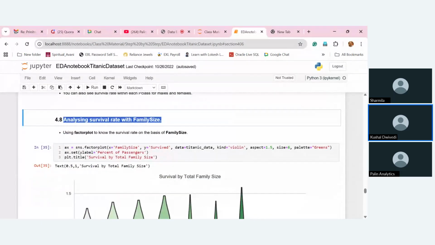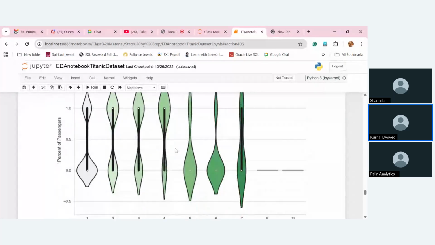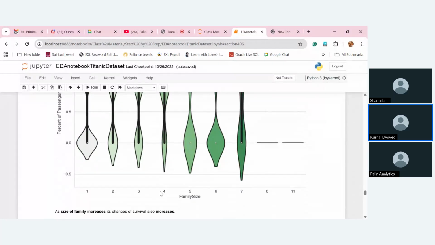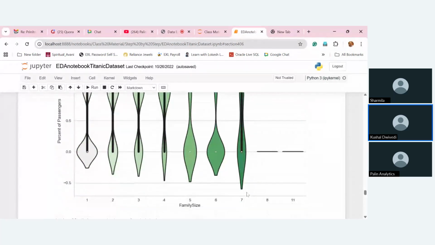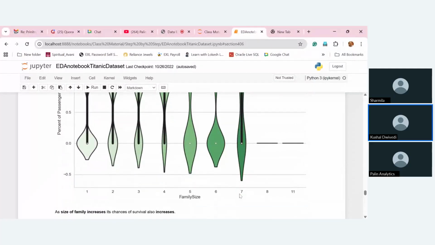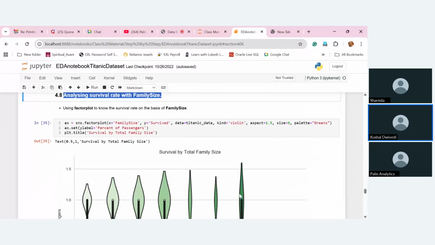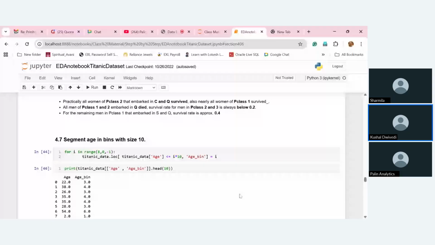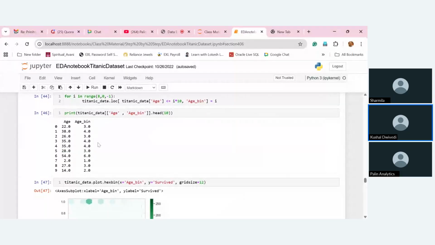Family size is basically, you can see here, based on the family size how many people were there. So these are the things made for the family size, and based on that how many people survived. Based on the age, this age bin has been decided.